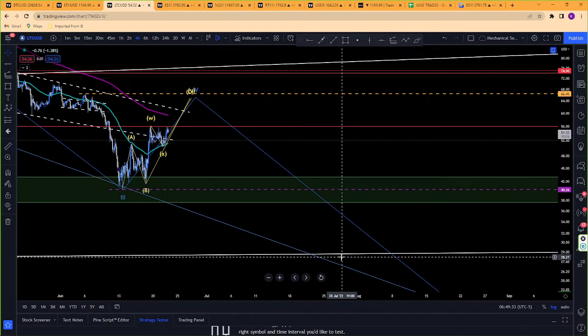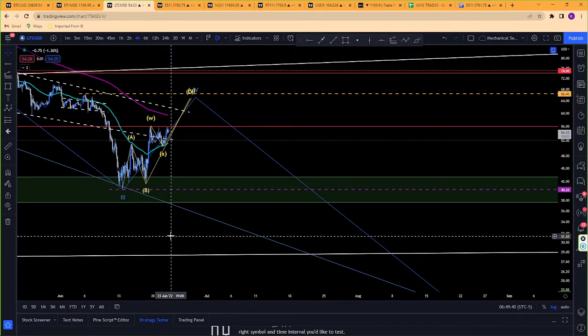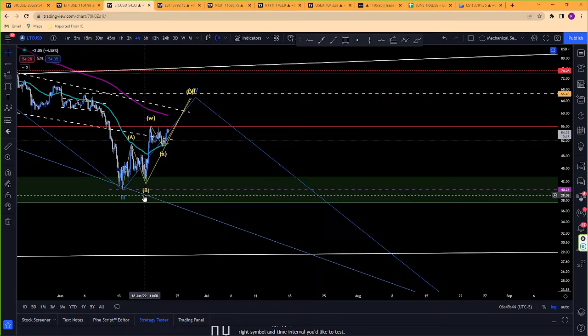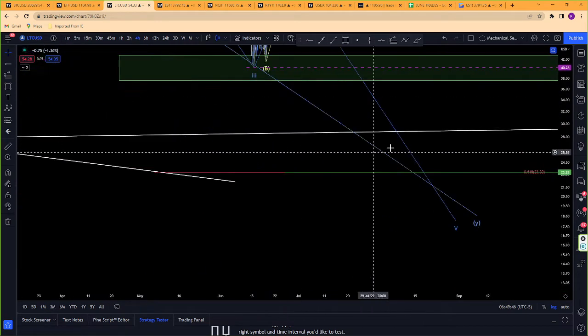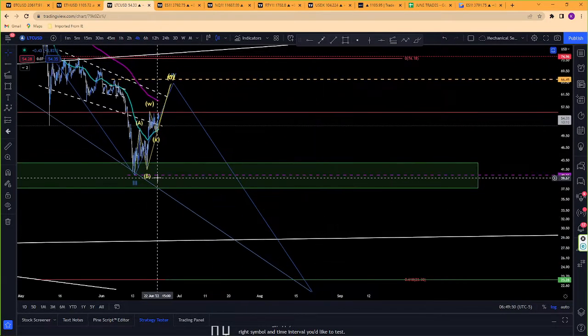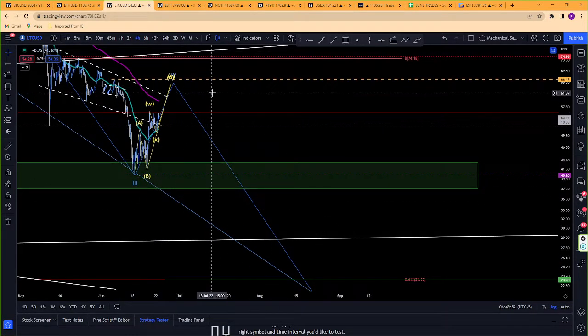I am not touching Litecoin until we break 40.26. It's that simple. Once we break this, I'm happy to short it. I'm happy to short it down lower. Until we break it, I ain't touching it.